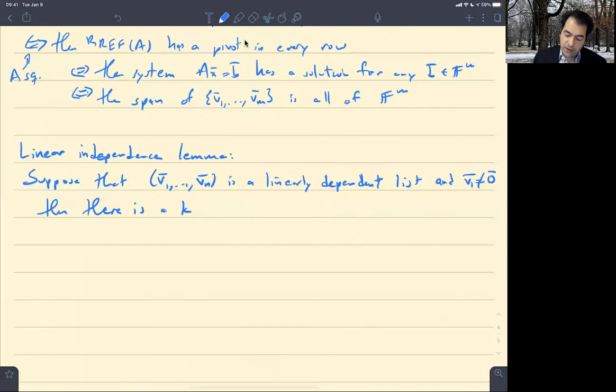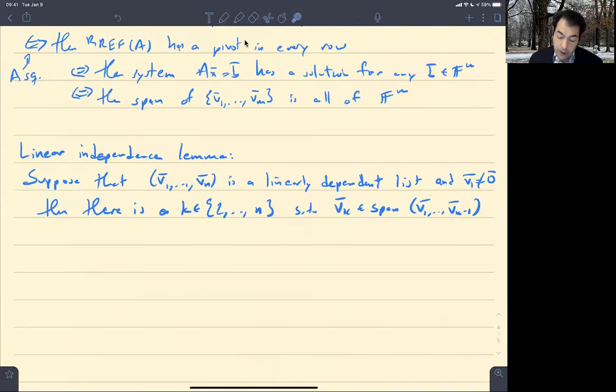Then there is a k in {2, ..., n} such that vk, the vector vk, is in the span of the vectors before it, v1 through v(k-1). Okay. So linearly dependent means that I can write one vector as a linear combination of the other ones.